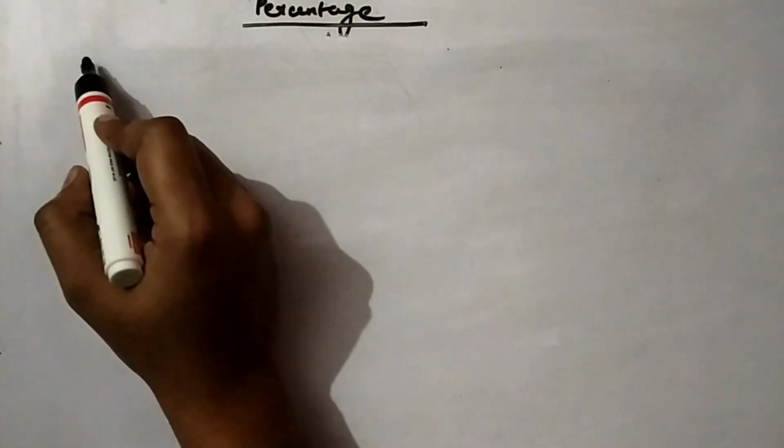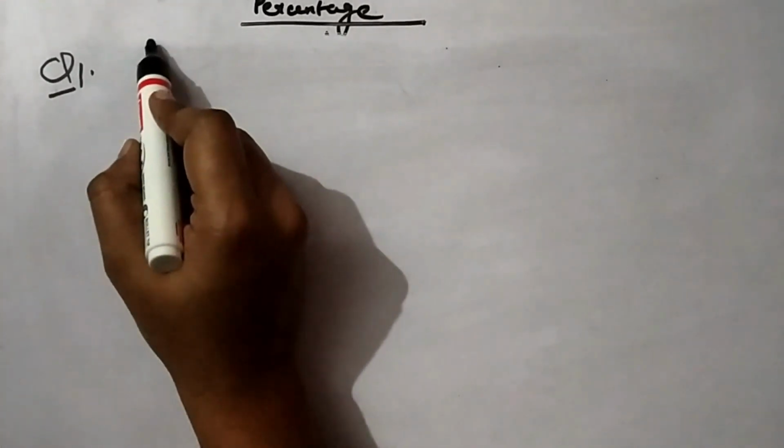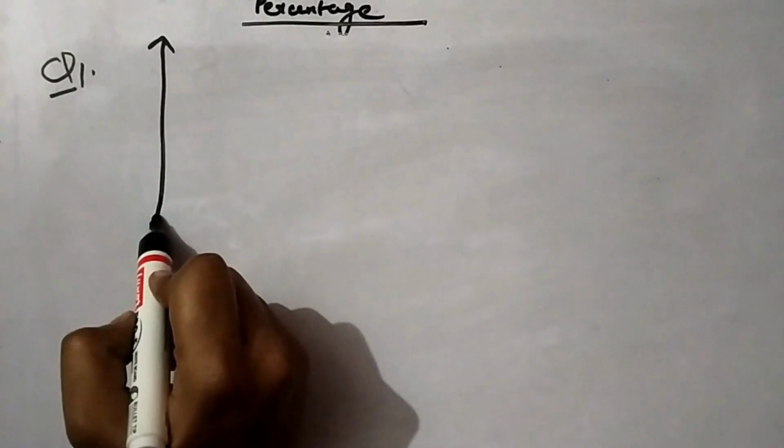So a question can come like, they will give the graph like this.